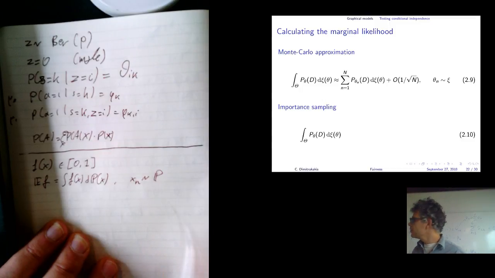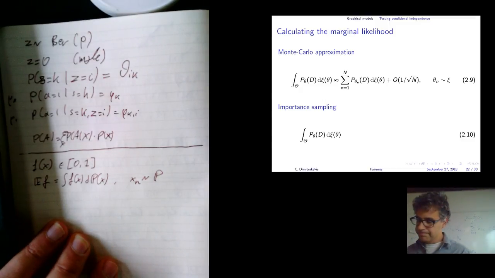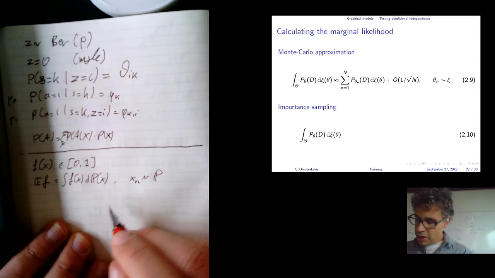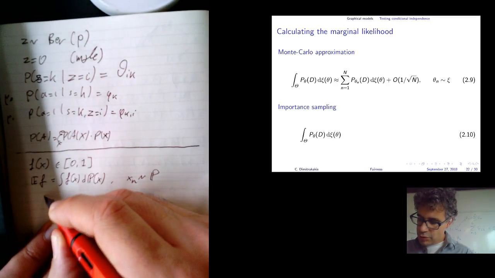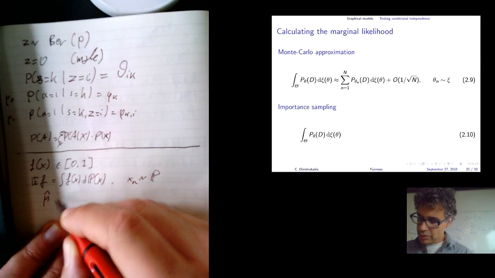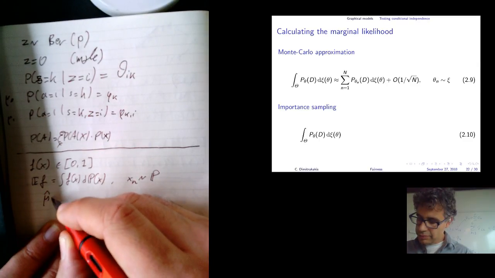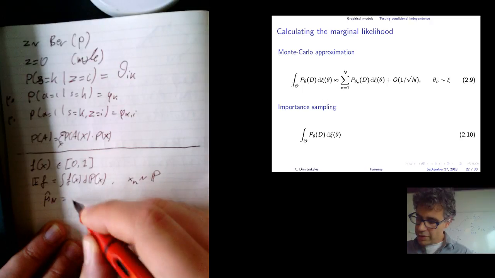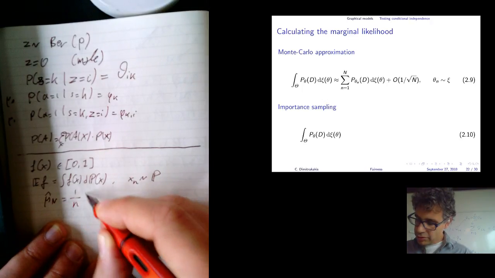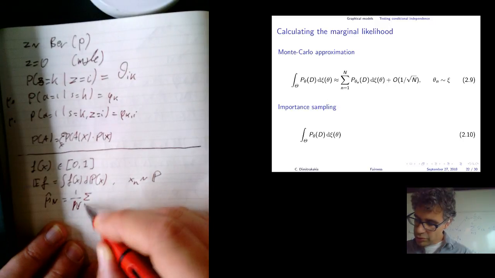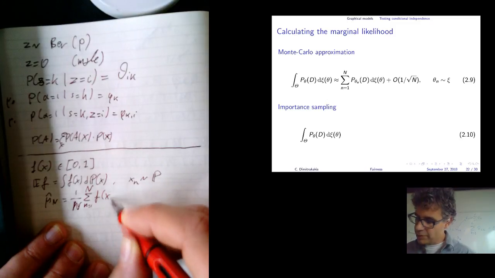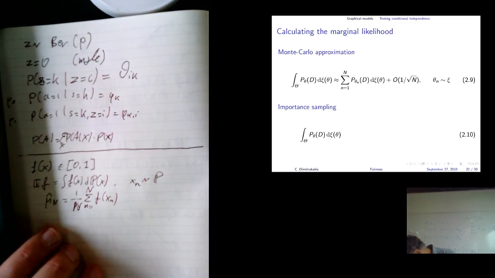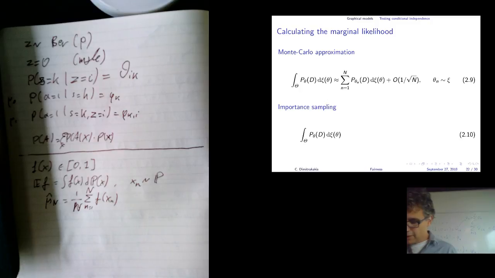So we take samples of x from this p, and we calculate, let's say, nu hat n, which is 1 over capital N, the sum from n equals 1 to capital N of f of x_n. So we just average the values of the function.